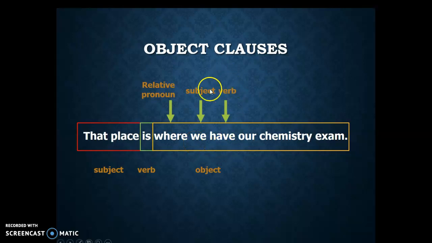And we also have another verb inside the object, in this case, have. All this is an object clause. Where we have our chemistry exam is an object clause with a relative pronoun, a subject, and a verb.